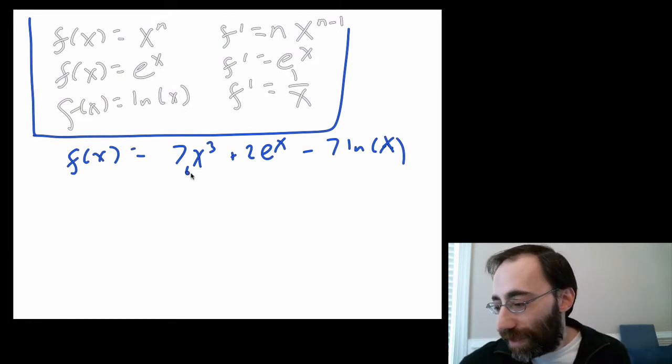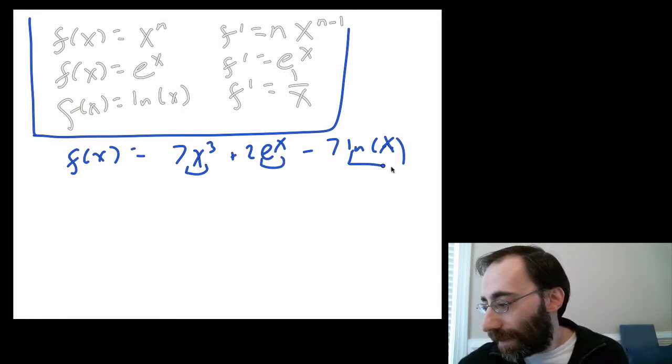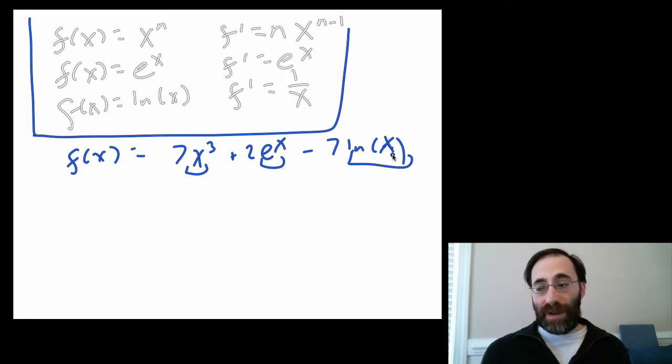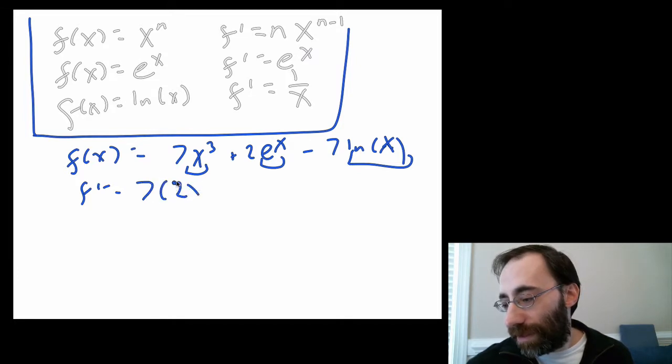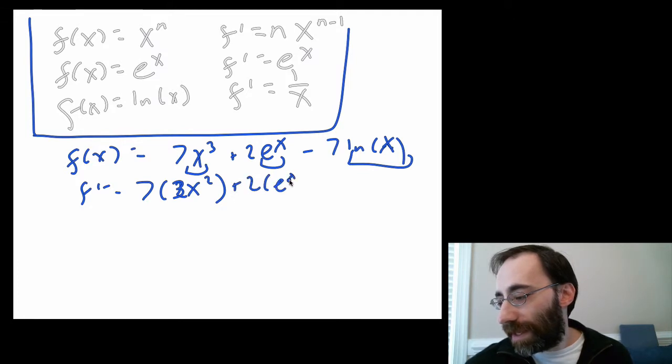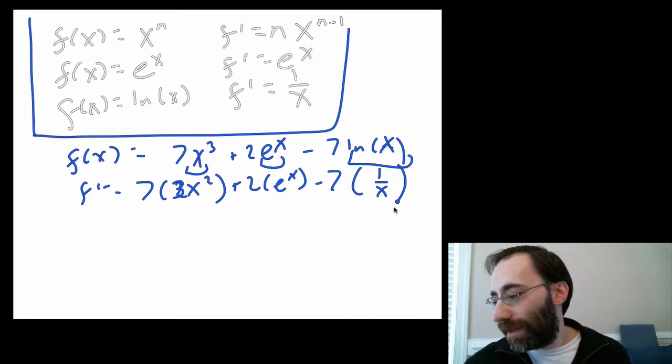You can take the derivative of each of these separately and just keep track of the constant in front. So the derivative is going to be 3x squared plus 2 e to the x minus 7 1 over x.